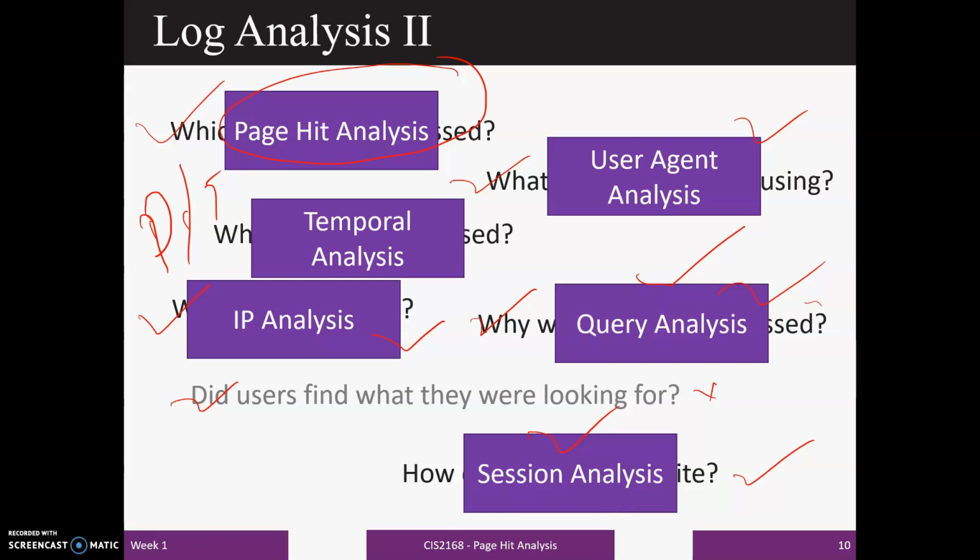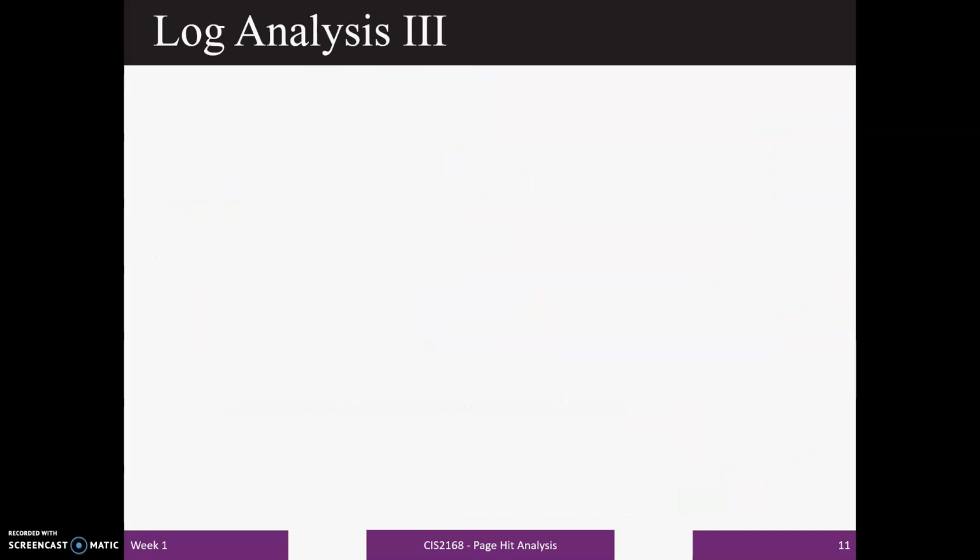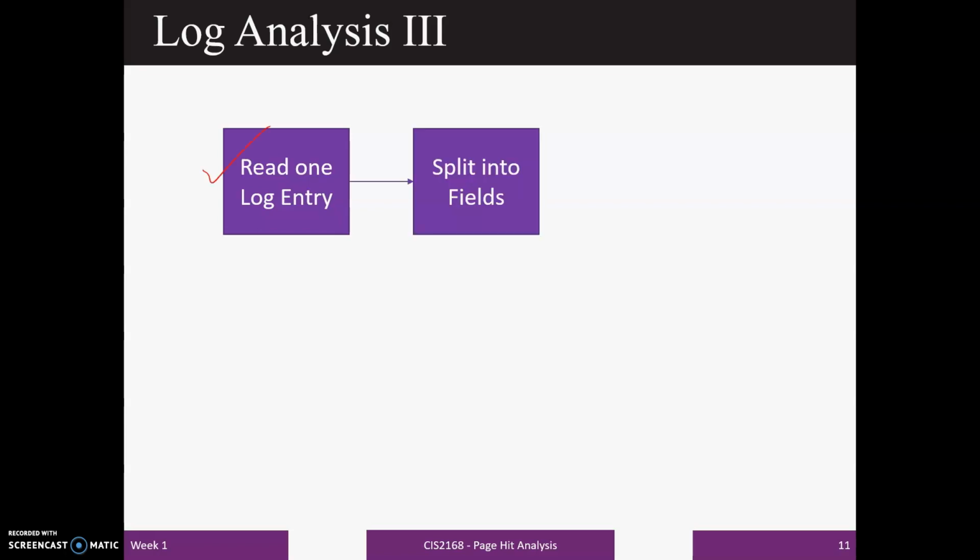In the next slide, I have given the steps that you need to perform for log analysis. To make things clear, I have given one diagram. First of all, you need to read one log entry given in the log file. Then split the entry into fields.